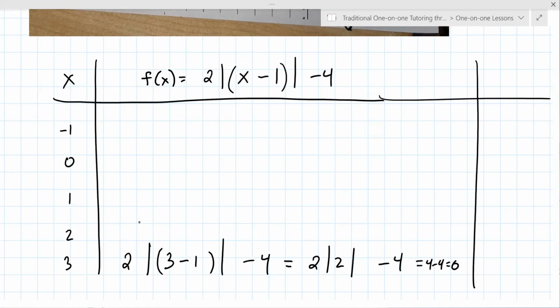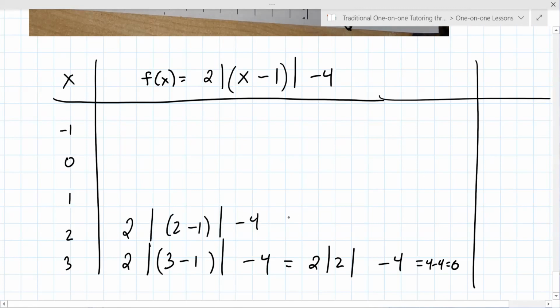1 minus 4 equals... 2 minus... wait a sec. 2 absolute value minus 1. Okay, all right. I thought I had looked at half of a problem or something. All right. Then 2. Oh, shoot. Okay, I'm good now. 1 minus 1 in parentheses.